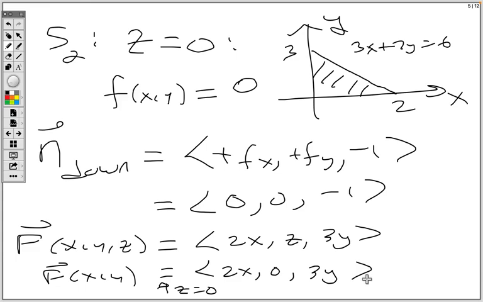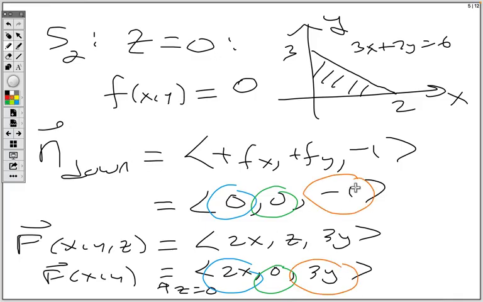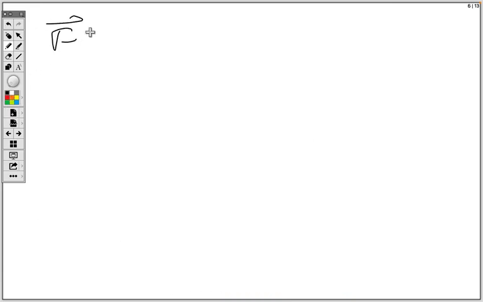Now if I figure out what I'm integrating, I go through the old dot product. Because the only direction that matters here is the z direction, I'm just going to get negative 3y for that dot product. So F dot n down is minus 3y.